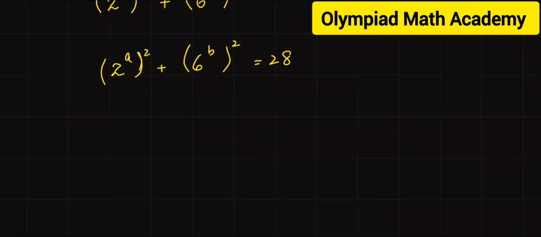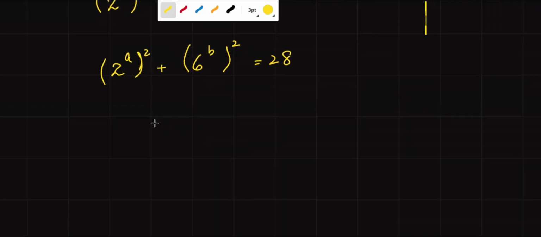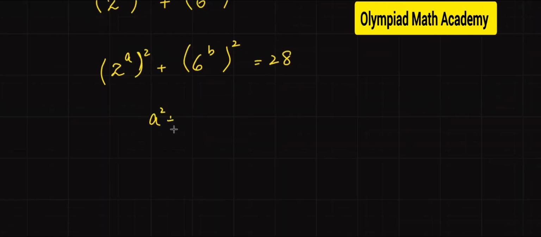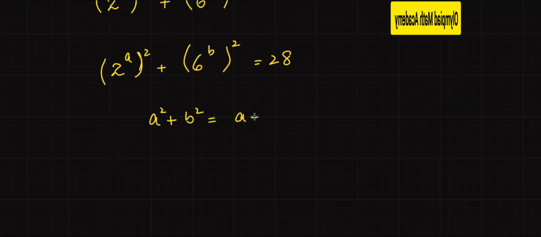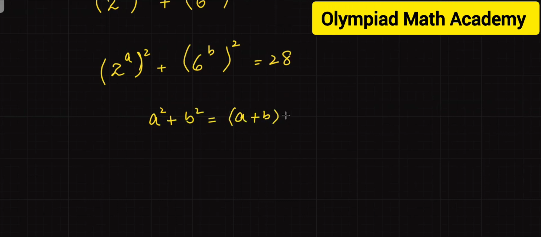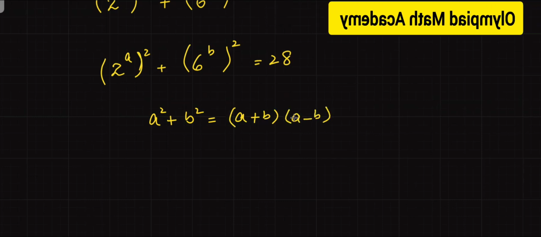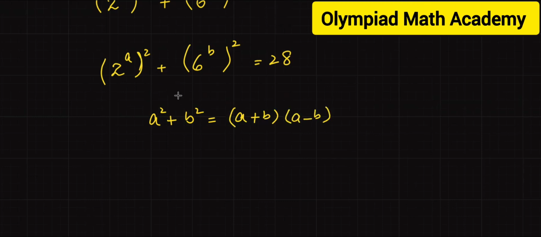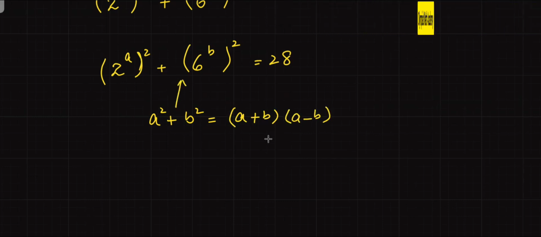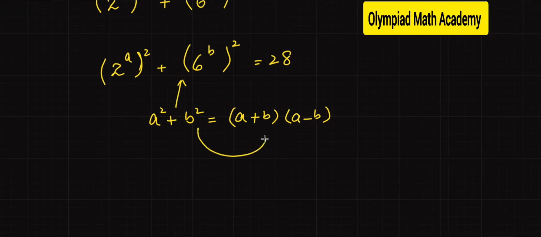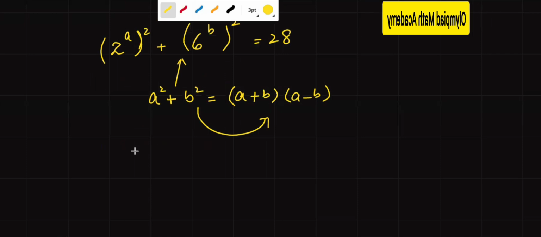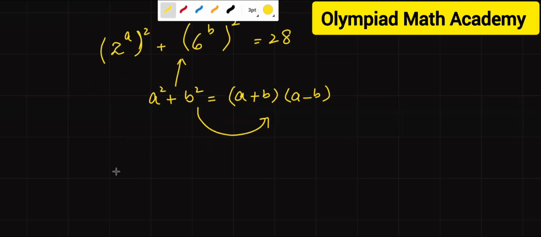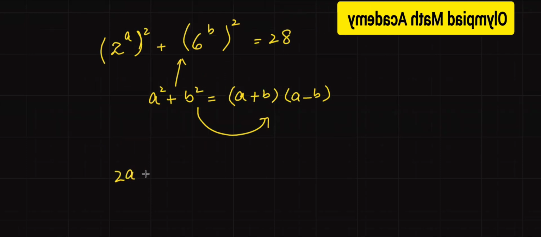As we know in math, there's a formula, and that formula is a square plus b square equals to a plus b and a minus b. So the formula, as we're applying this part of the question, that's why we have to convert this question into this part. So how? First one time we have to write in the positive form, and the second time in the negative form.